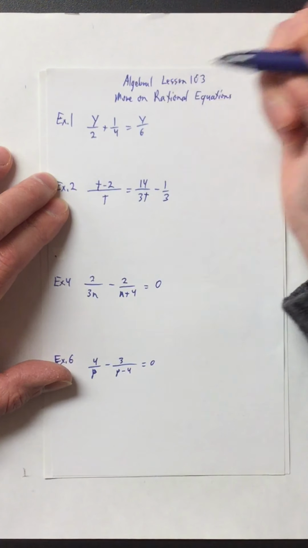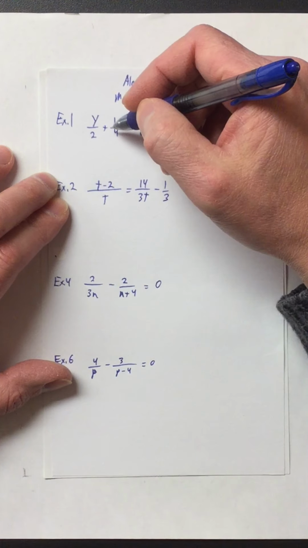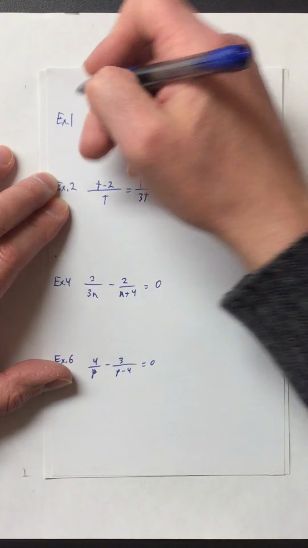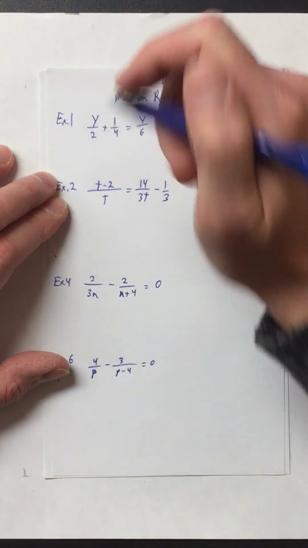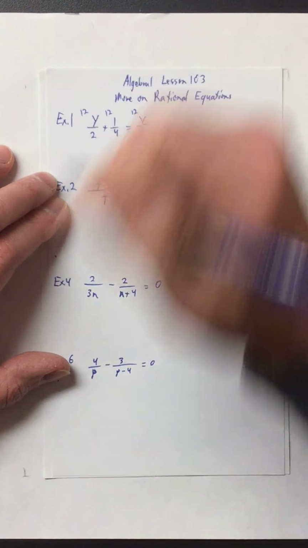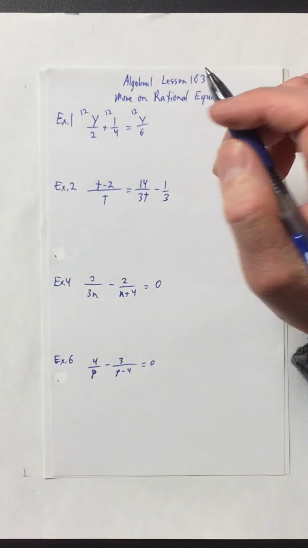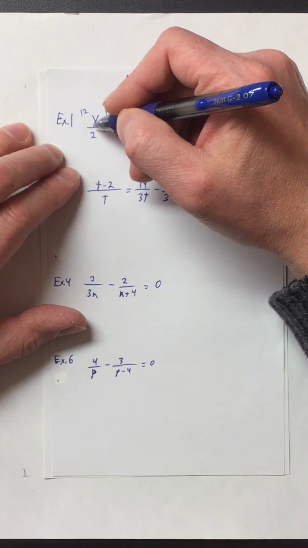So you can see we're going to get a common denominator, the smallest number that they all go into evenly. That's going to be 12. So I'm going to write a 12 in front of the top of these, and then we're going to remove the denominator by simplifying there.